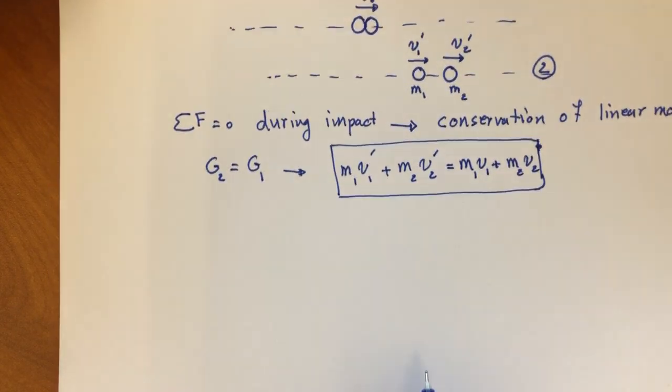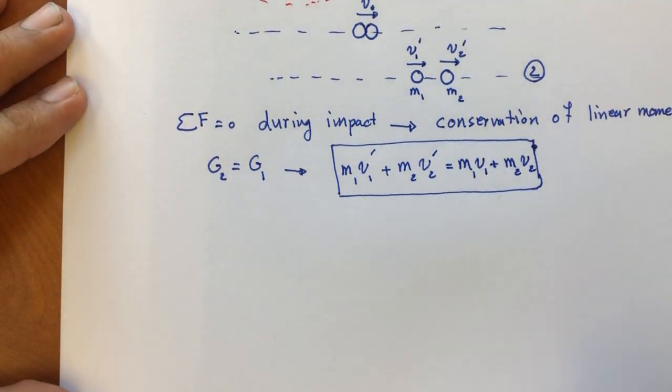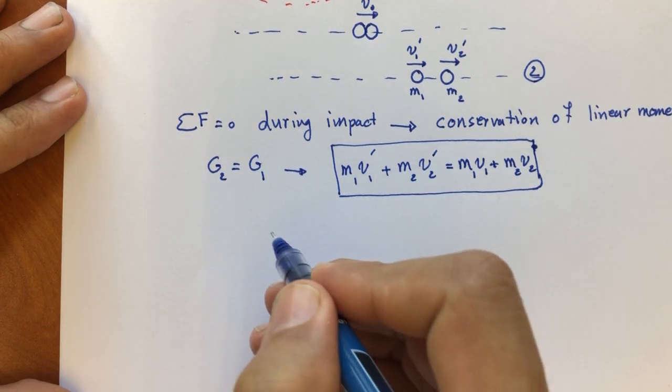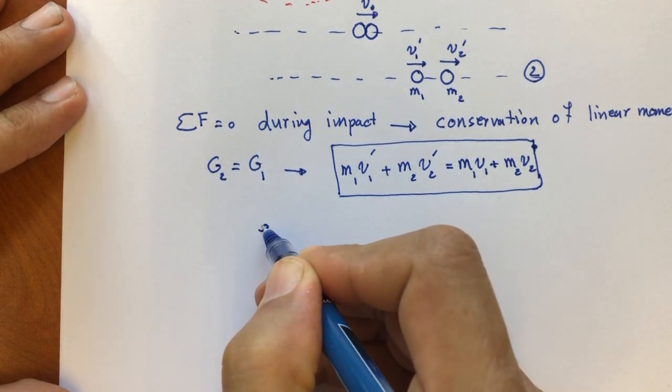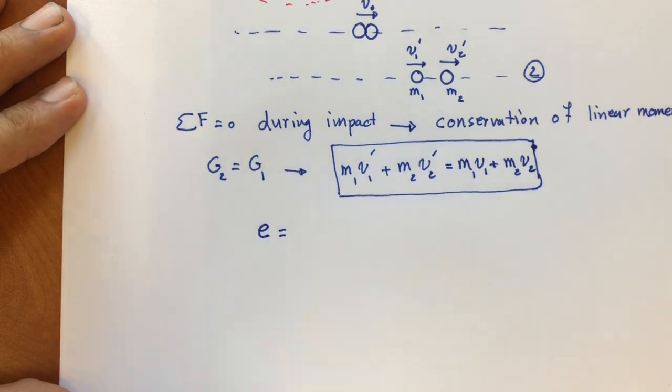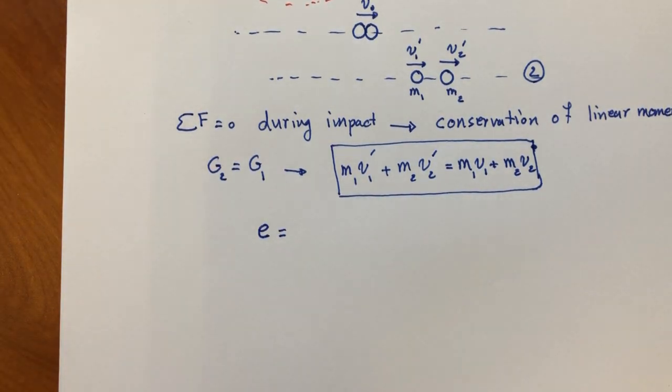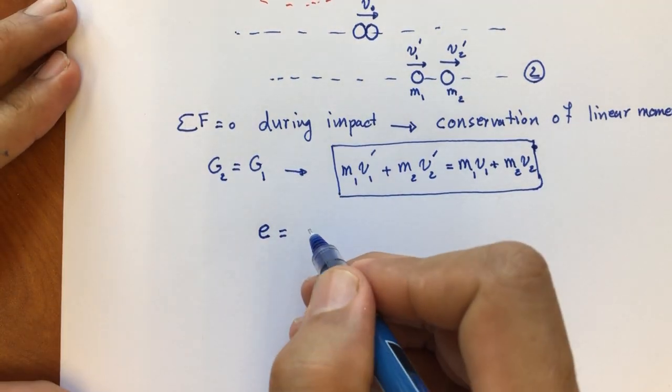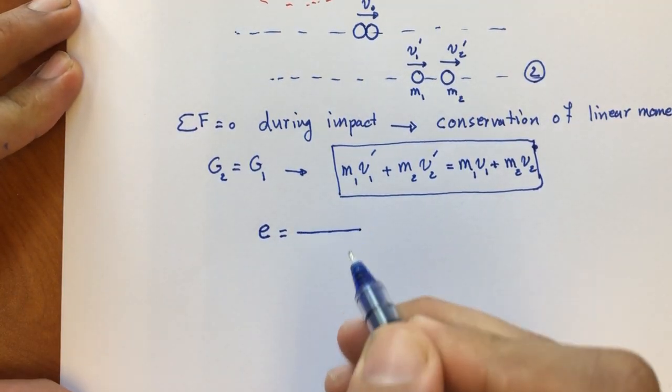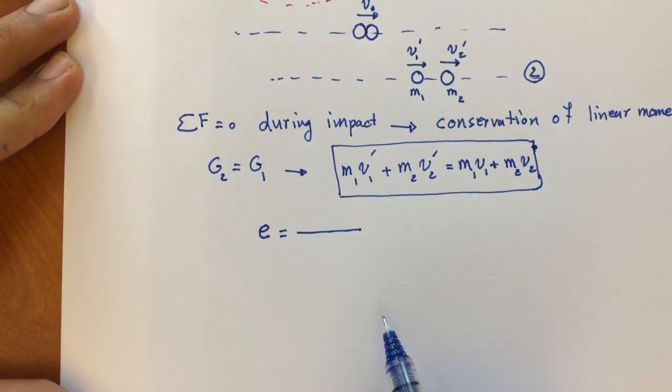To include the material property, we can do some experiments, and people have done that and came up with this equation. They found a coefficient, which I'm going to explain later. What is that coefficient? It is going to be dependent on the velocity before impact and after impact.